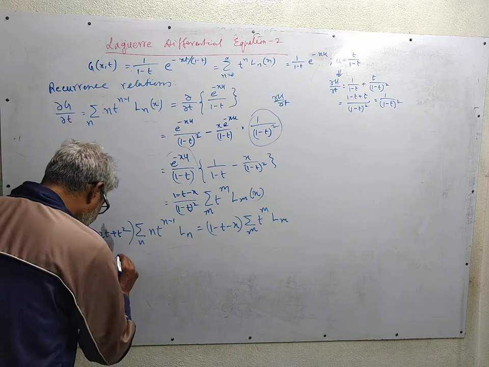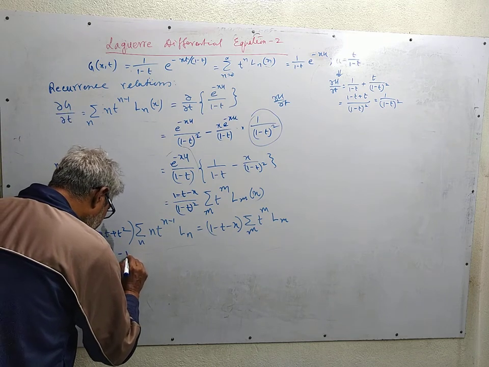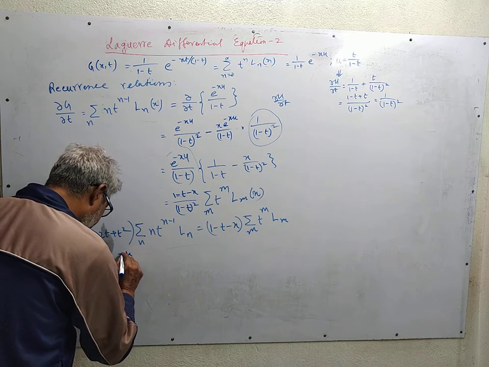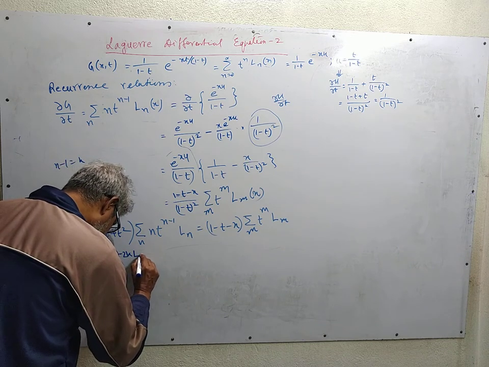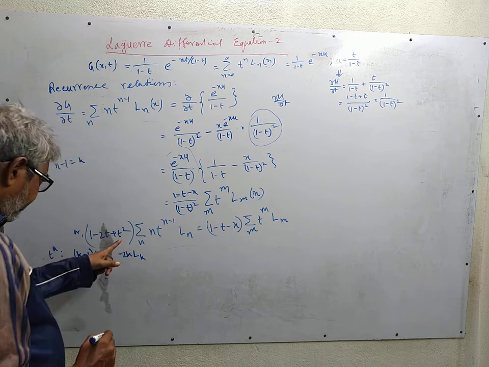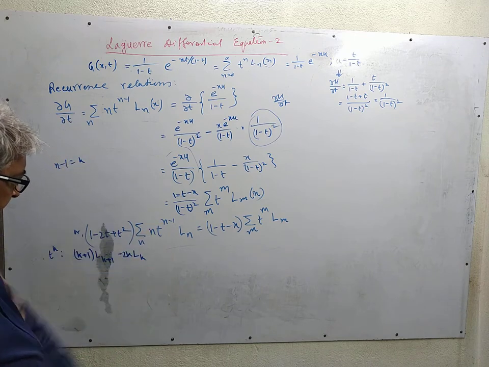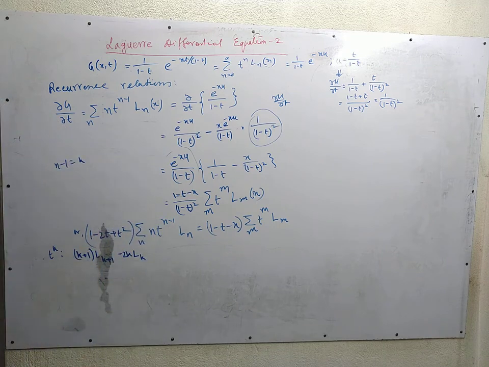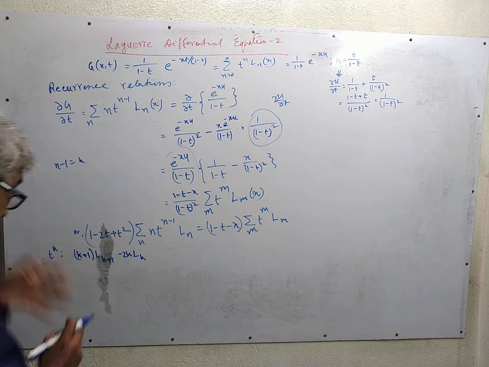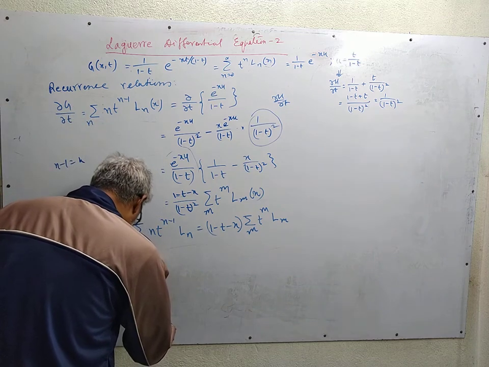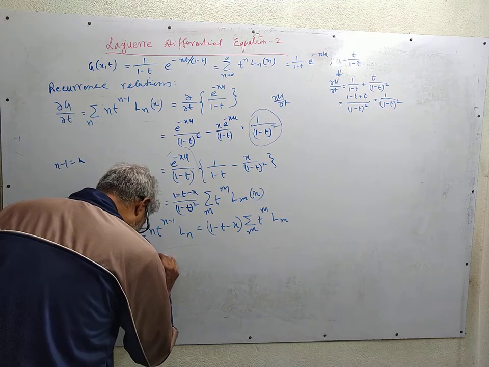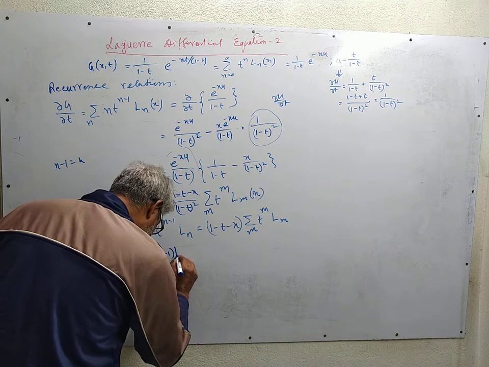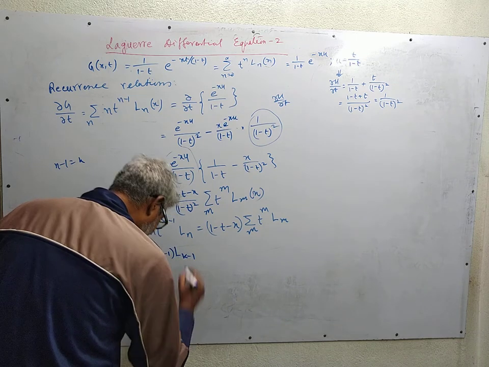So this is minus twice k Lk, and this term contributes when n plus 1 is equal to k, that is n is equal to k minus 1. So this is plus k minus 1 L of k minus 1.